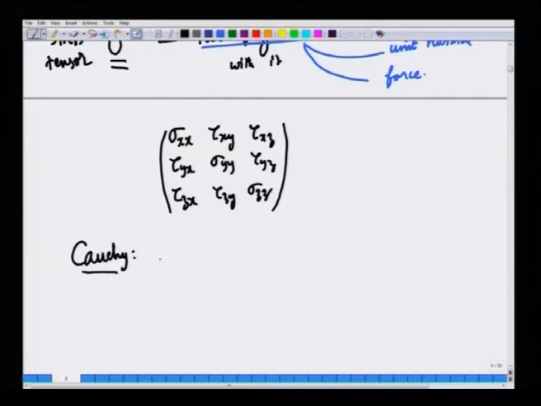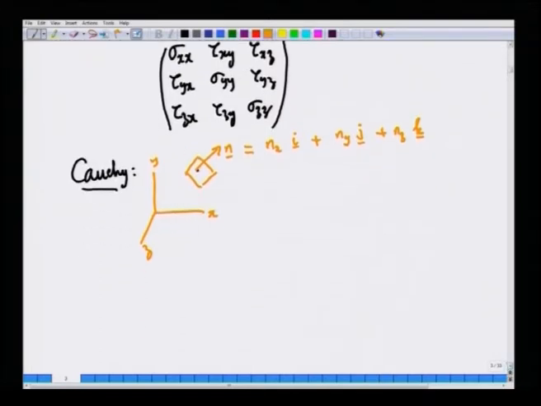It states that if I have at a given point a surface with arbitrary orientation, that is, you have put a coordinate system x, y, z, but the orientation of the surface is not along any of the 3 directions x, y and z, but is an arbitrary orientation n x times i plus n y times j plus n z times k. It's oriented in an arbitrary fashion, not necessarily along one of the 3 coordinate directions.